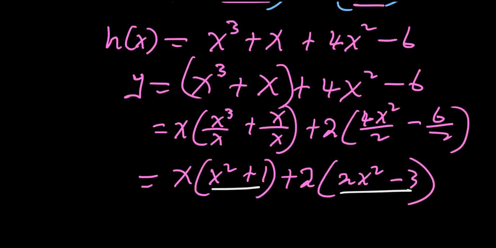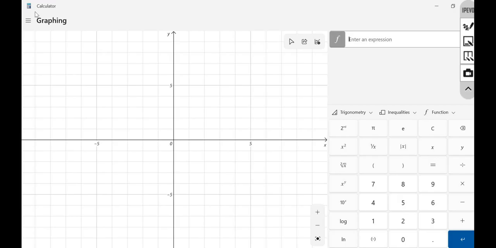When you have this kind of problem, all you have to do is engage your graphing calculator. So let's use that option for this question. Now we have the graphing calculator, and all you have to do is enter the function. So we have x cubed plus 4x squared plus x minus 6.